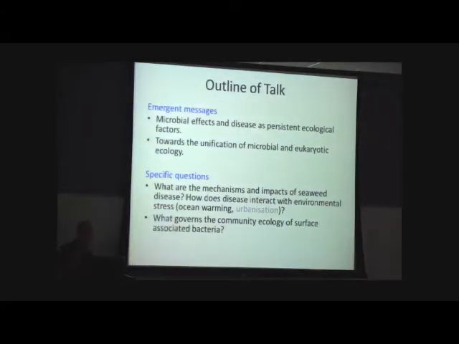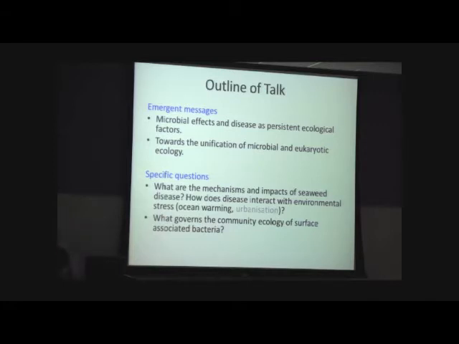I really want to talk about 2 emergent things and 2 more specific things that will have to do with some of the systems we study. Hopefully the emergent messages are that I think we've reached a stage where we really have to acknowledge that microbial effects and disease are persistent ecological factors in the same way that all of us have studied competition, predation, disturbance, and what have you for many years.